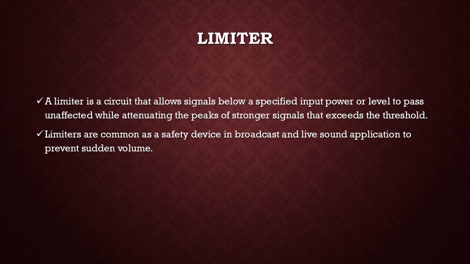Limiting is a type of dynamic range compression. Limiting is a process by which the amplitude of a signal is prevented from exceeding a predetermined value. Limiters are common as a safety device in broadcast and live sound applications to prevent sudden volume.